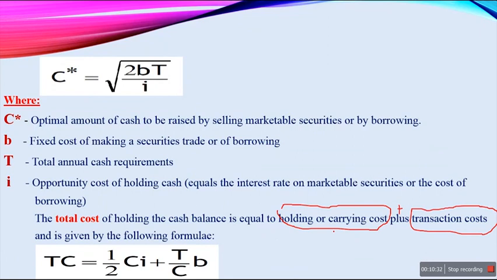So the holding or carrying cost is represented by a half CI, and the transaction costs are represented by T divided by C multiplied by B, and that is the formula below there.